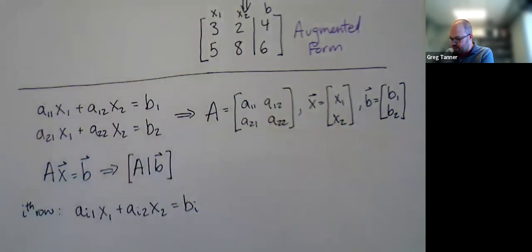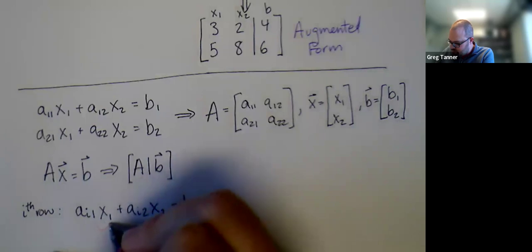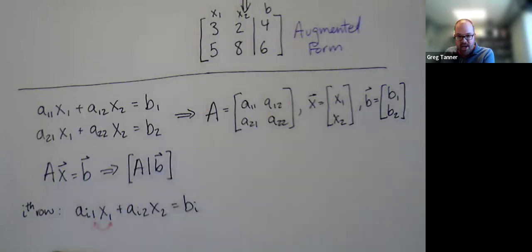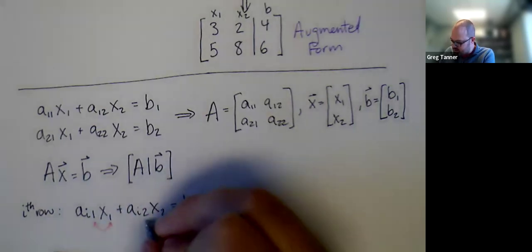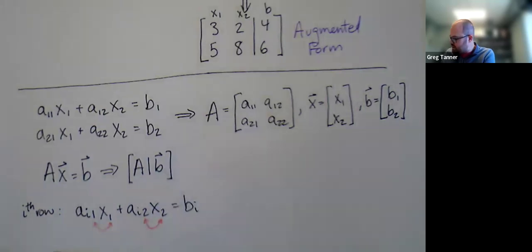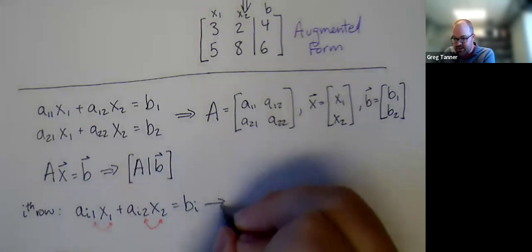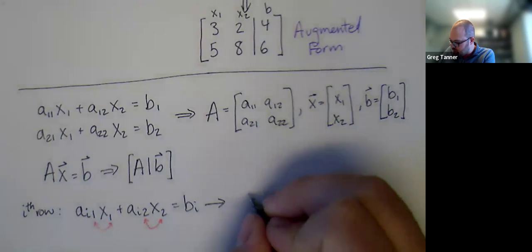And then if I look at this, the second index of the A matches with the index of the X. Same here. The second index of the A matches with the index of the X. And so I can then turn this into summation notation.